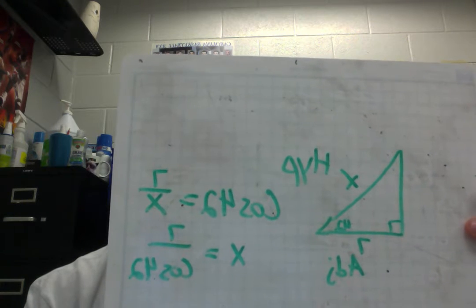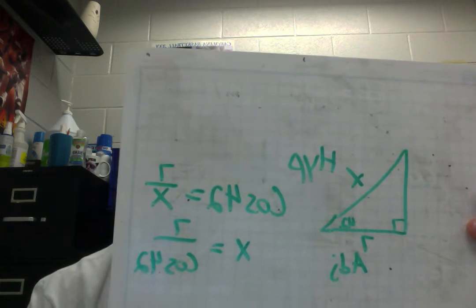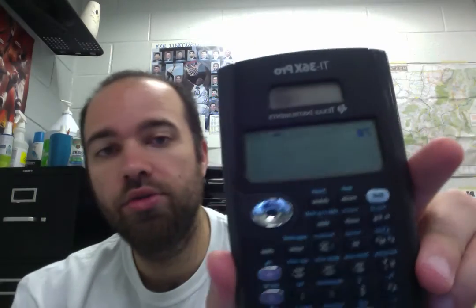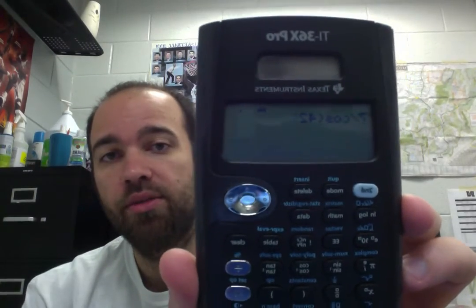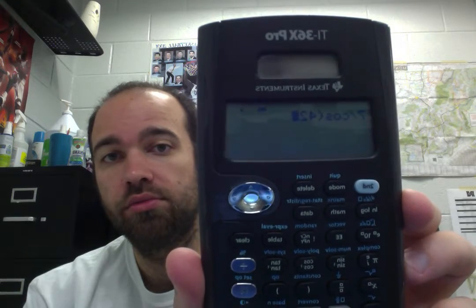And so 7 divided by cosine 42, that is exactly what we are going to put into our calculator. You can either just regularly divide or you can use the fraction button. It's not going to matter. So I'm just going to regularly divide: 7 divided by cosine 42.